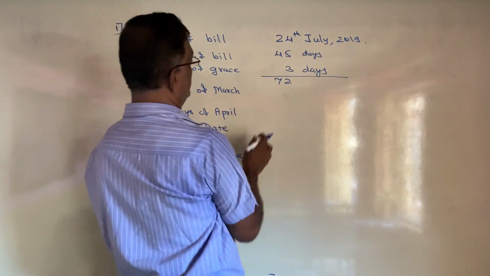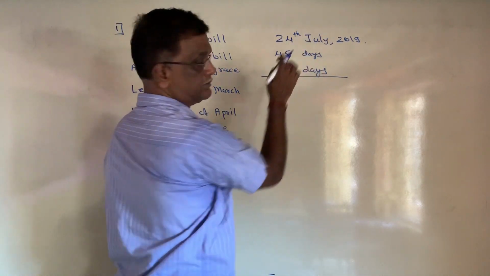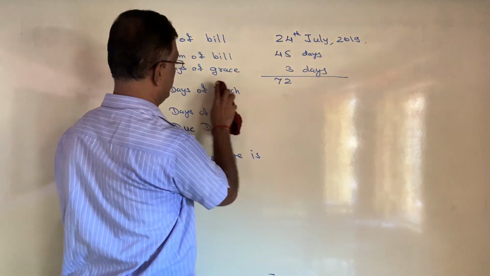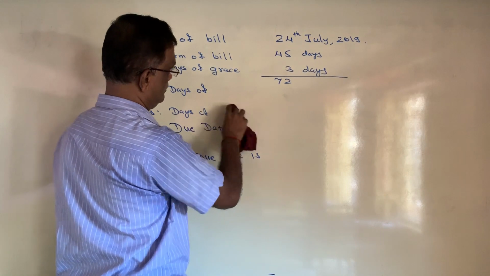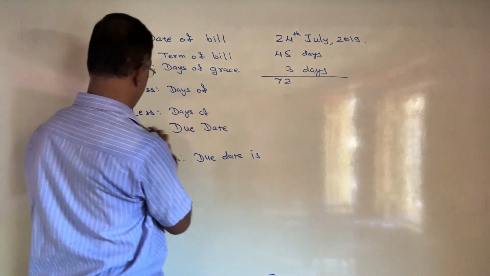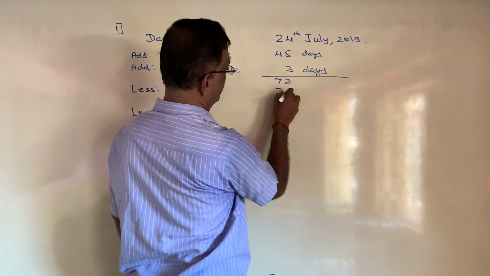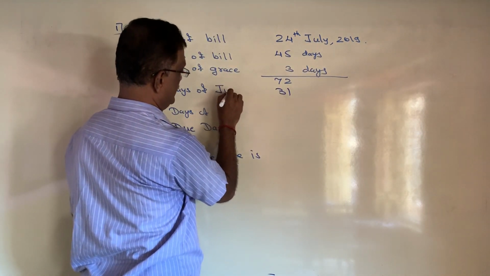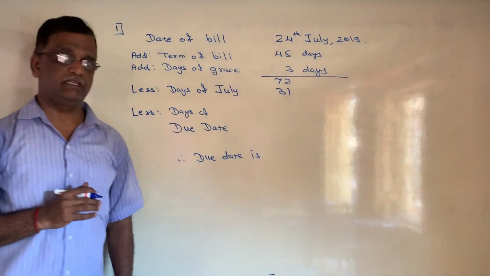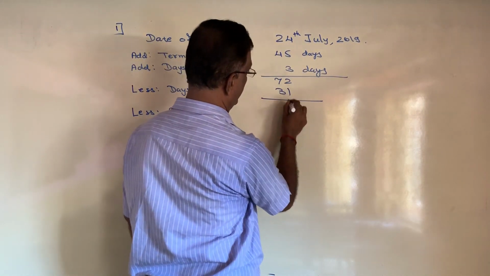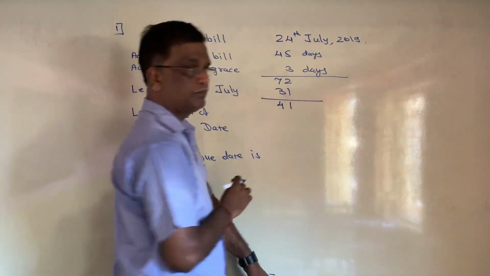From this figure, you deduct the days of July. Days of July are 31. In the month of July, there are a total of 31 days. Minus, how much left? 1, 4, 41.